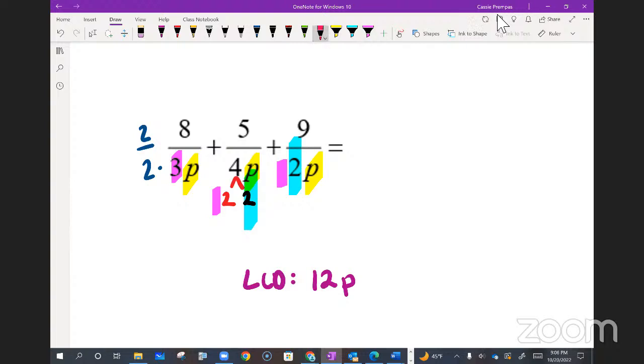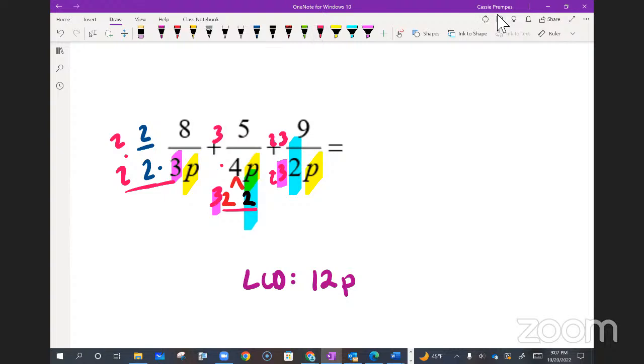So this guy's going to need a 2 and a 2 as well. So we're going to need a 3, a 3, a 2, and a 2, aka 2 times 2 times 3 is 12. And 2 times 2 times, oh, I got to fix this one, 3 over 3 is 12. And 2 times 3 times 2 is 12.